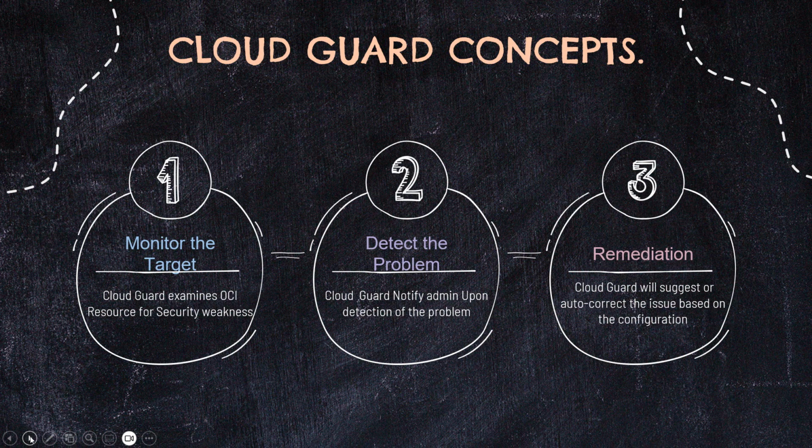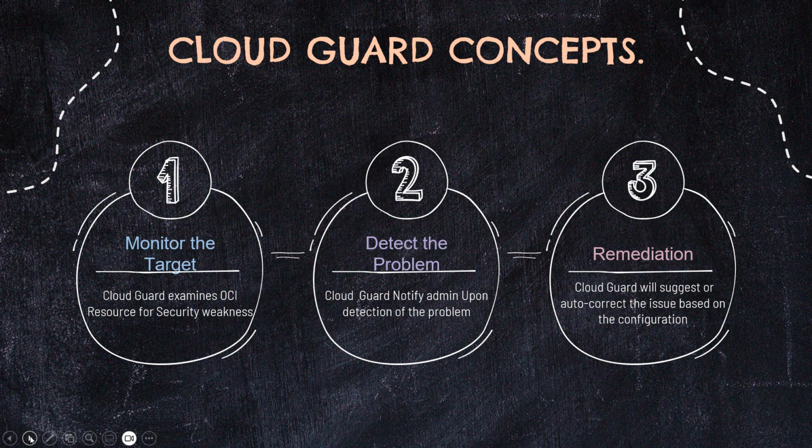Once it's detected, in step 2 Cloud Guard will notify, based on the alert we have set in the event, to a distribution list, and your admins will get the notification. In step 3, you can remediate it, you can auto correct or do a manual intervention to prevent any security threat.